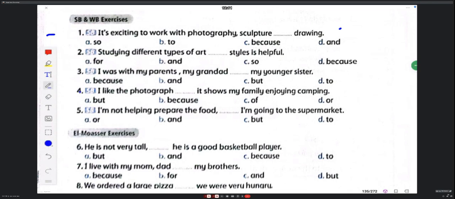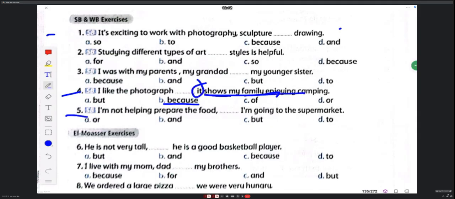I like the photograph because... The reason after because in a sentence is subject, verb, and complement.